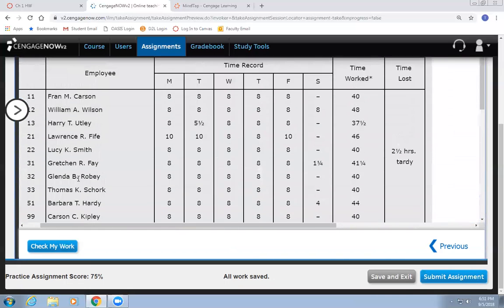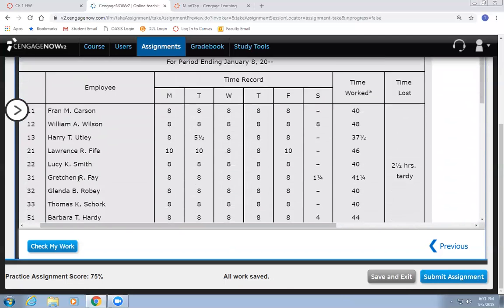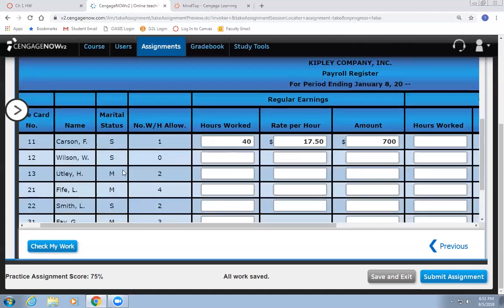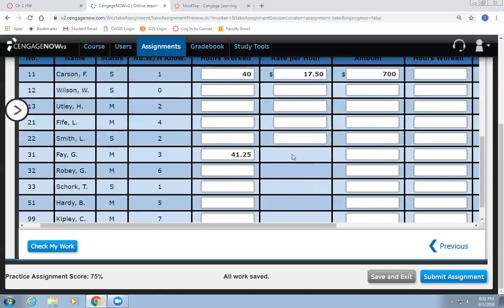So let's look at someone salaried. Let's look at Gretchen Fay, employee number 31. She worked 41.25 hours. Oh, this is where I get off.